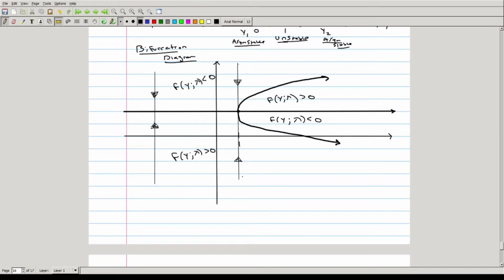But then when lambda is greater than 1, you get a switch. This is still negative in this region, but it's positive in this region right here. It's negative in this region right here. And it's positive in this region right here.